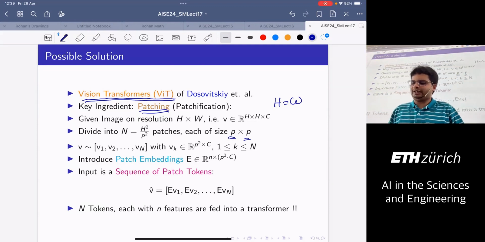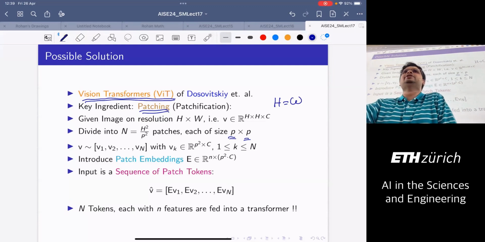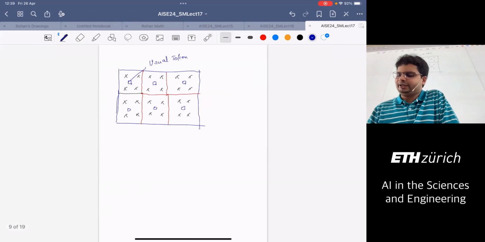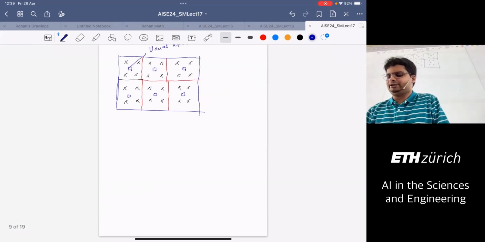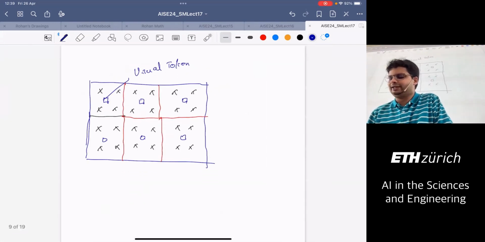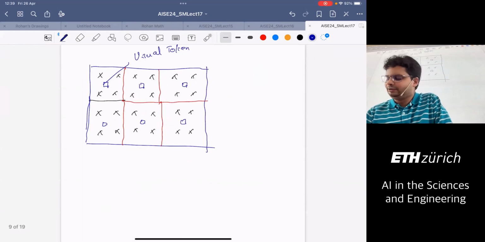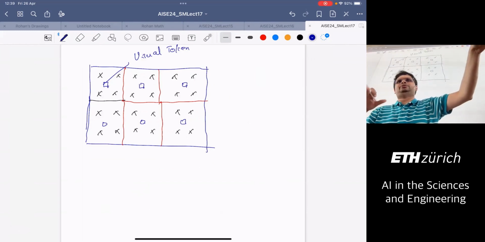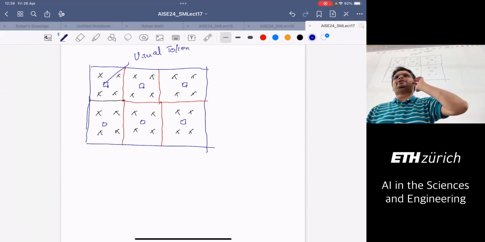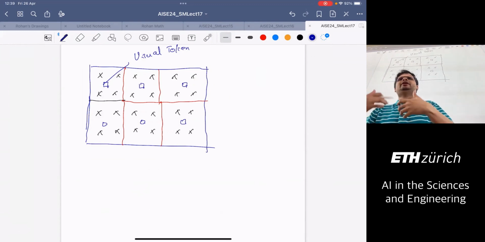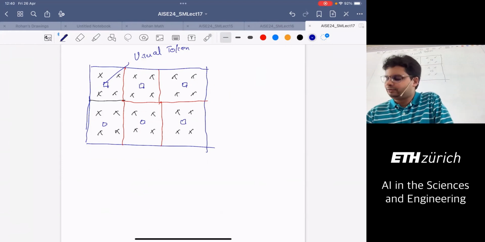But what you do, as always in machine learning, is you learn some additional features. You say, okay, let me learn the best, roughly speaking. There's a heuristic, right? There's no guarantee that the heuristic is taken care of during the training process. But instead of just taking an average of these 4 points, which is the easiest aggregation that I could have done, let me take a learnable feature extraction. What does it mean?